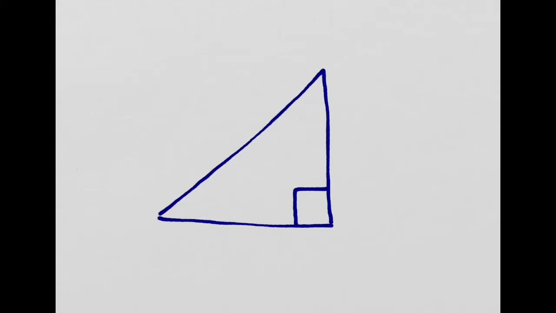Alright, let's take some numbers and throw them at this so we can see what I'm talking about. Let's make this side 3, this side 4, and we're trying to solve for this side here.